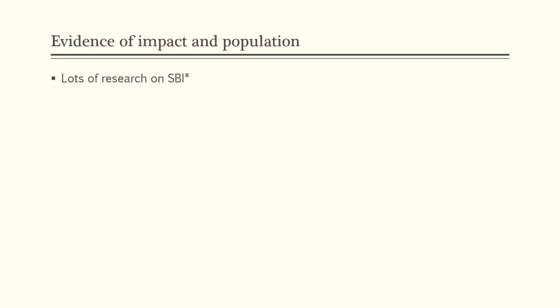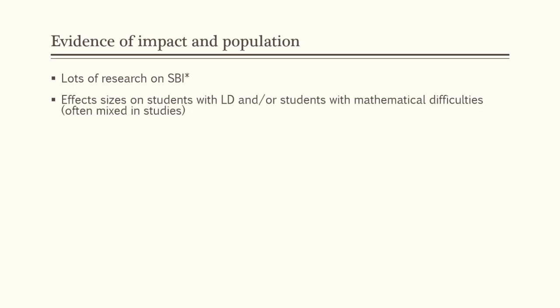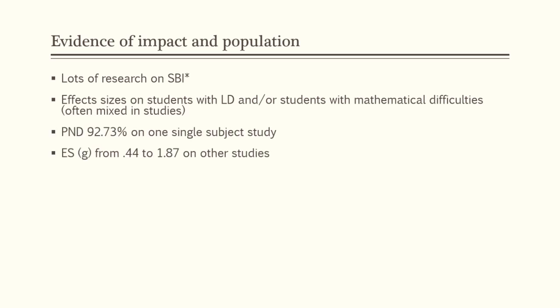So the evidence of impact on the population, there's tons of research on SBI, which we're going to look at on the next slide. The effect sizes on students with LD and or students with mathematical difficulties are reported. Often these students are mixed in studies. One study listed a PND, a percent of non-overlapping data, of 92.73%, which is considered highly effective.